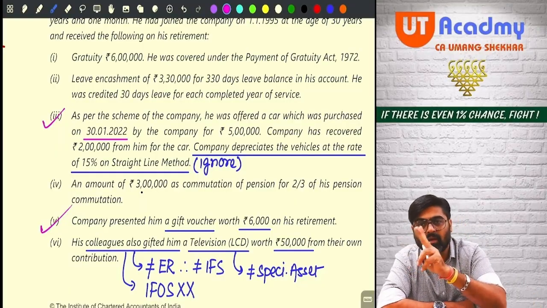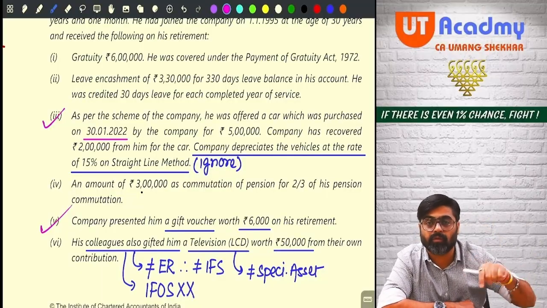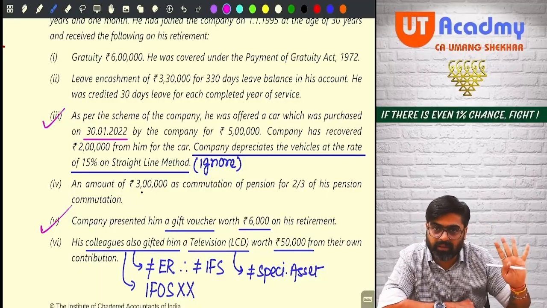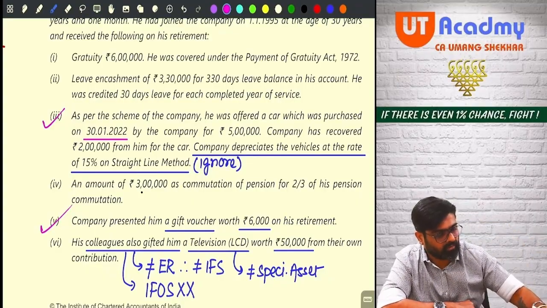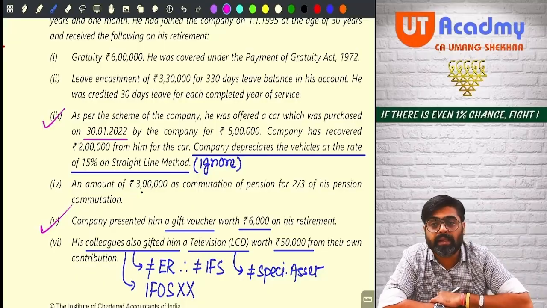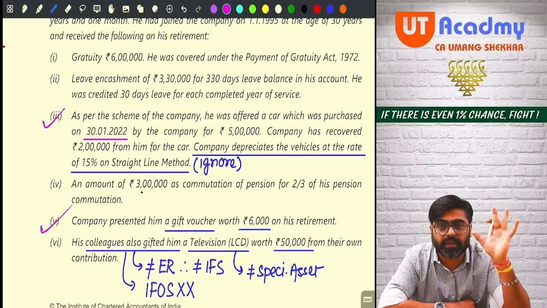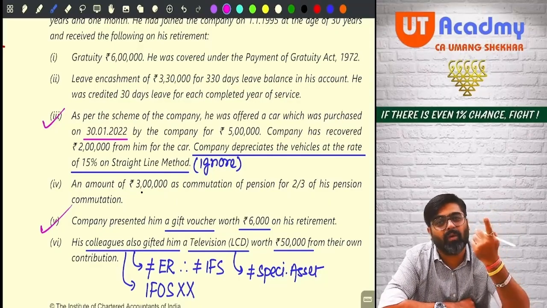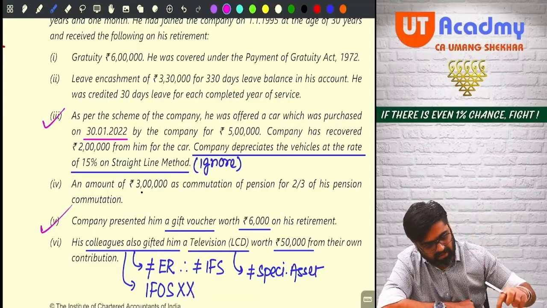So 6 lakh or 20 lakh or 5,19,230, whichever is lower. 5,19,230 will be exempt. Out of 6 lakh, if we take this exemption, 80,770 will be our taxable gratuity. 1 rupee rounding off I have done. But they have taken what?